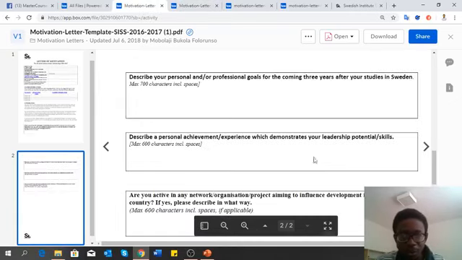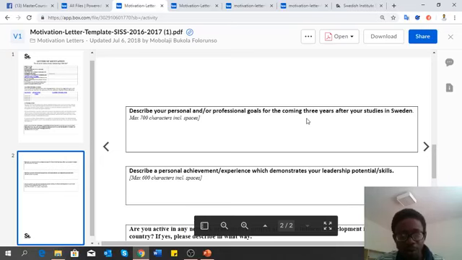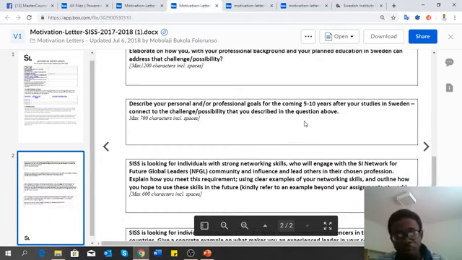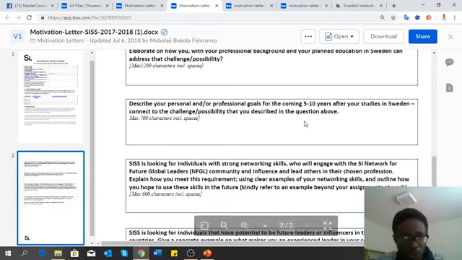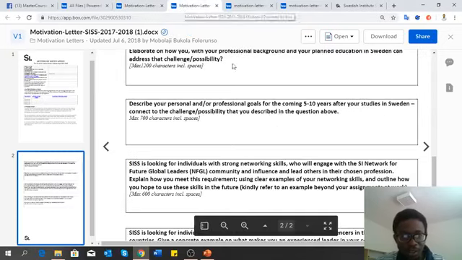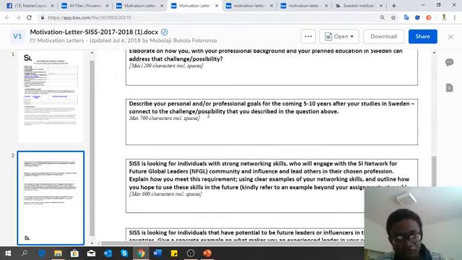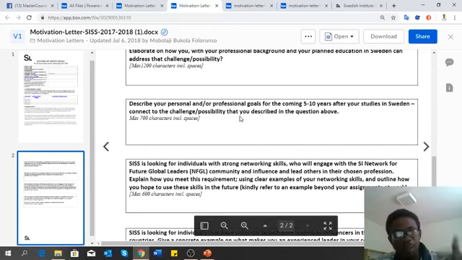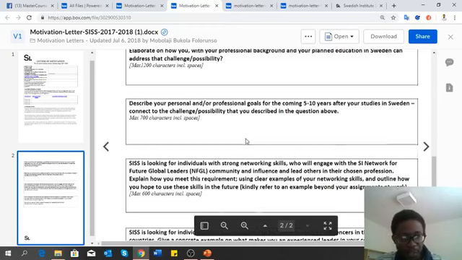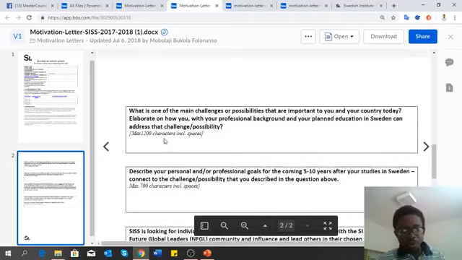Here, for 2016, they asked about the coming 3 years. In this one, they are talking about the coming 5 to 10 years after your studies in Sweden. And there's an additional part: connect to the challenge or possibility that you described in the question above. The third one says, okay, now let me address this.